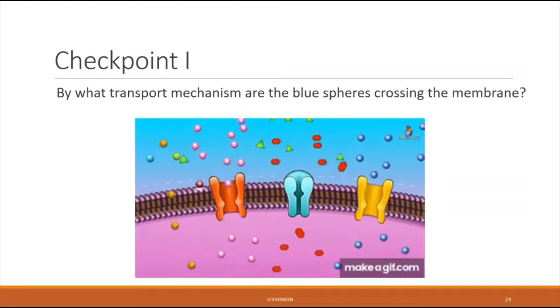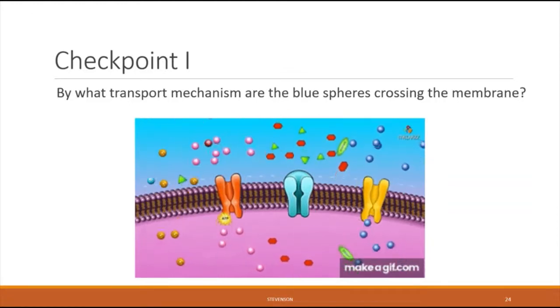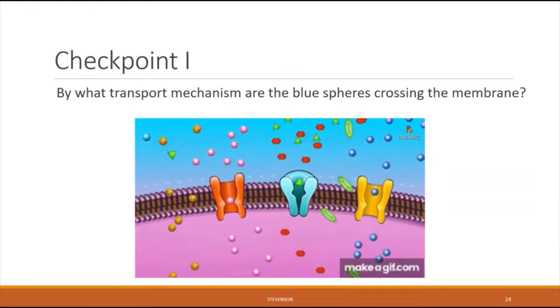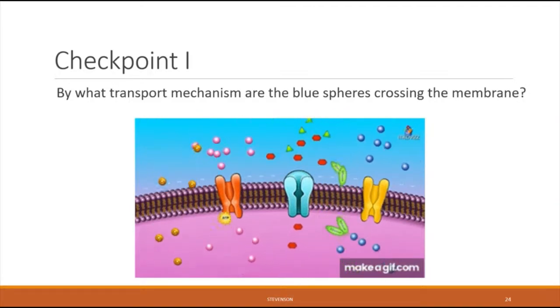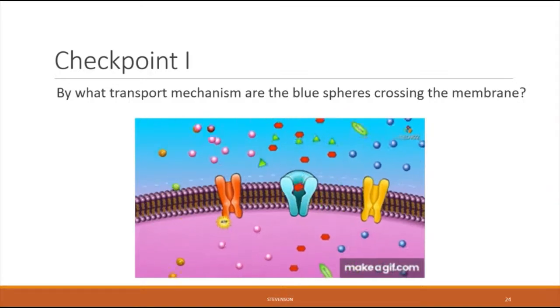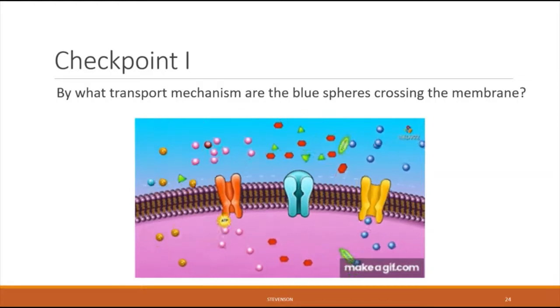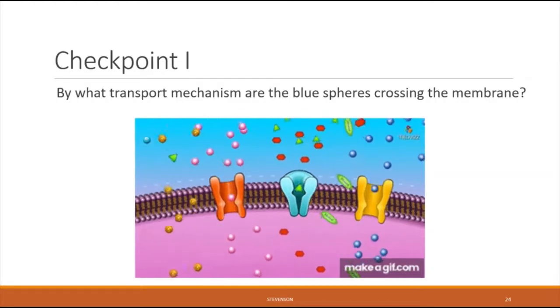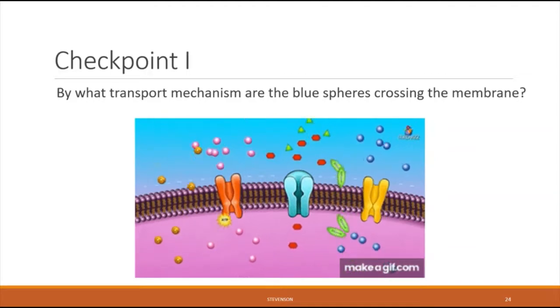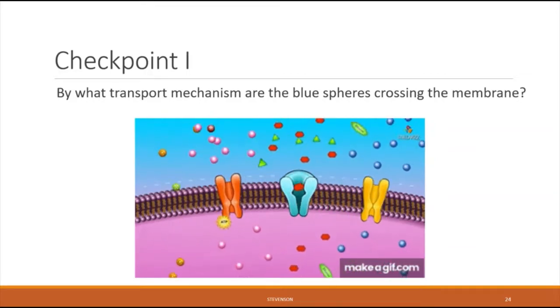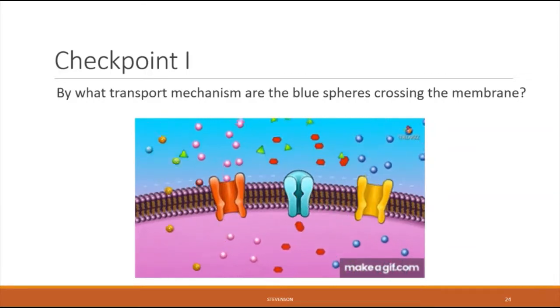So finally, we've reached our first checkpoint of the lecture here. We have an animation here showing a number of different substances crossing the membrane, and I want you in this checkpoint to focus on the blue spheres. By what transport mechanism are the blue spheres crossing the membrane? And be as specific as possible as you describe this.